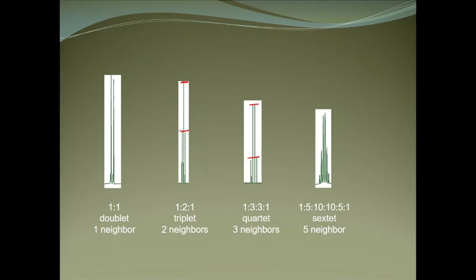And a sextet, the 2 outer peaks are about 1/10 the size of the center ones, or 1/5 the size of these other 2. And this follows Pascal's triangle, but the peaks are fairly symmetric. If you don't have a nice pattern like this, it usually means that you have overlapping peaks, and we simply call it a multiplet rather than giving it a specific name.